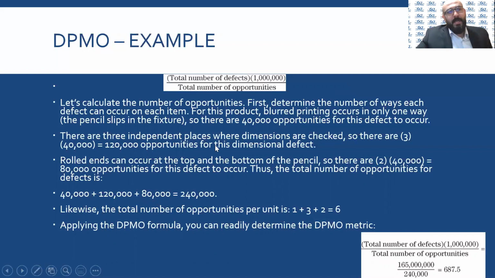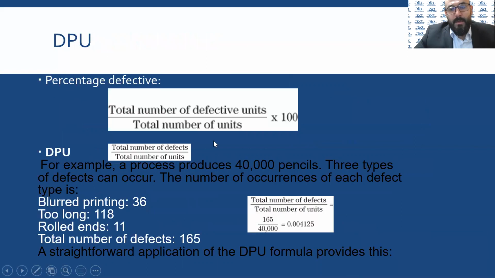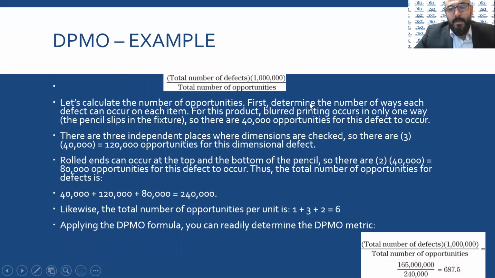Let's go back here. We know there are the number of ways each defect can occur on each item.